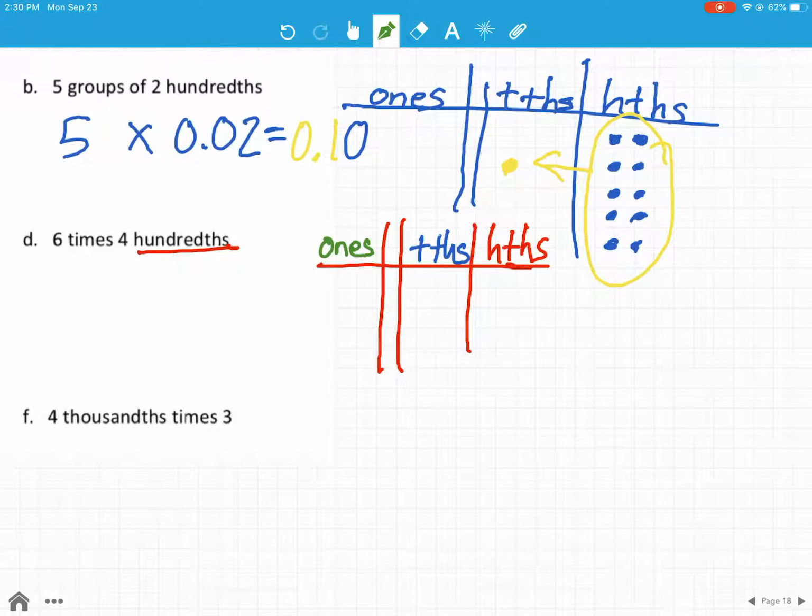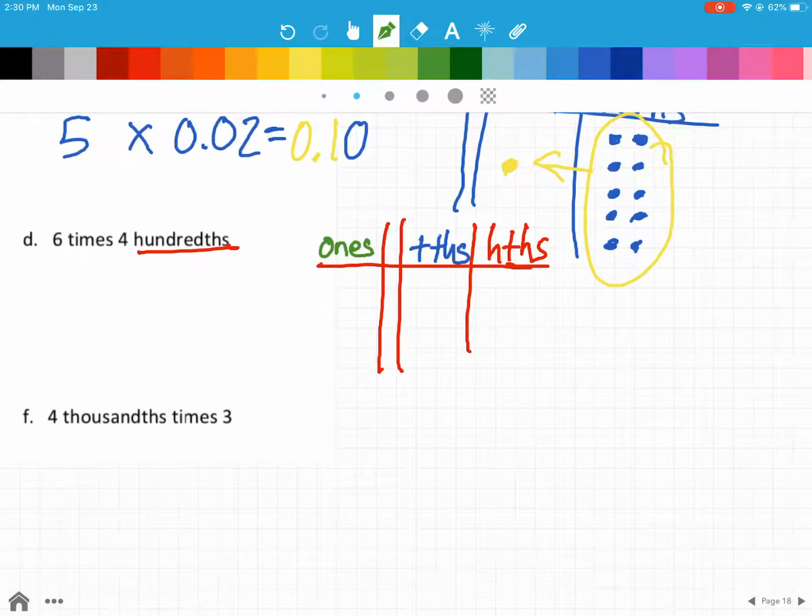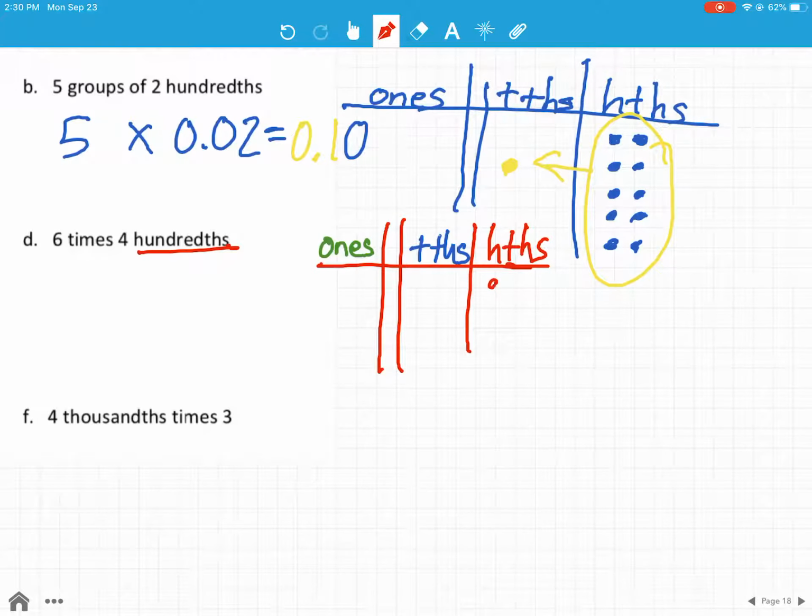Okay, so we have to start off with 4 hundredths. And we have to make 6 copies of them. Of the 4 hundredths. That's 3, 4, 5, 6.